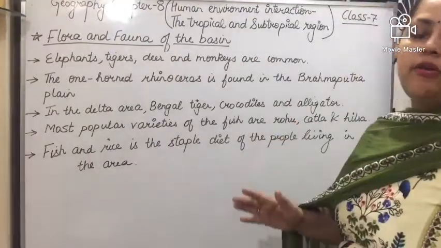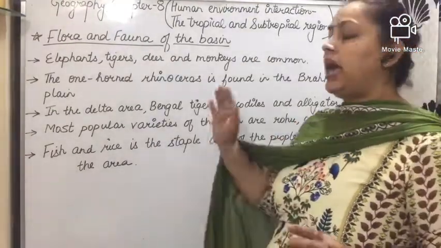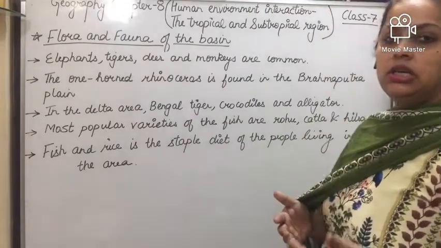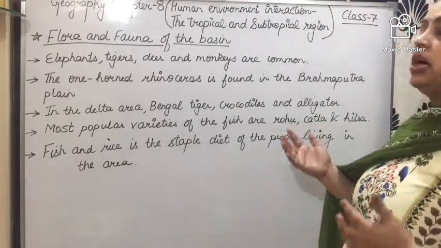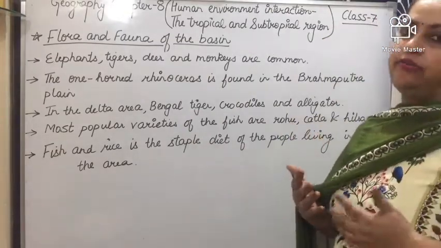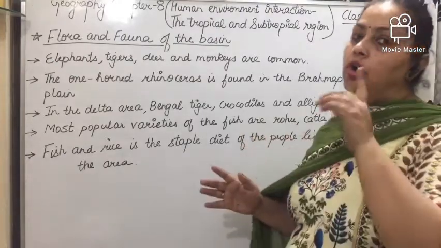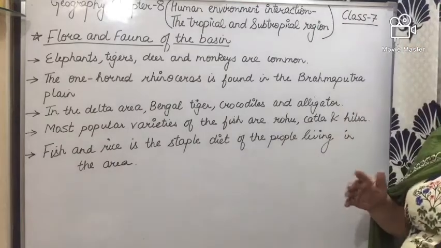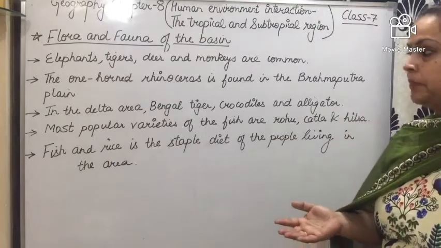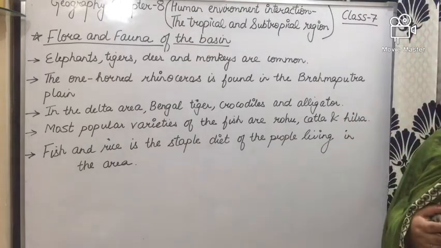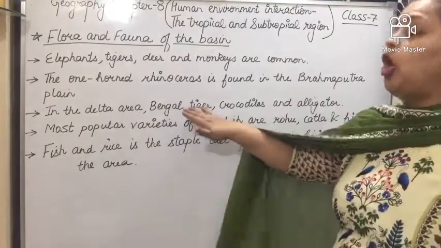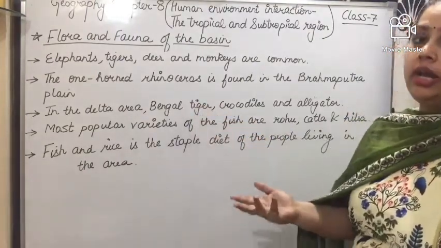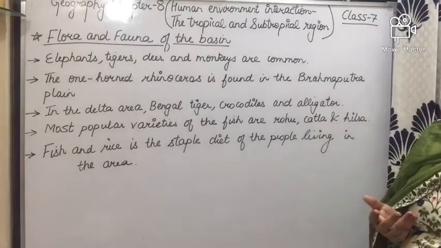Now the wildlife of this basin. Elephant, tiger, deer and monkey are the common wildlife you can find over there. The one-horned rhinoceros is found in the Brahmaputra plain. In the delta area, the most famous Bengal tiger, crocodiles and alligators are found.